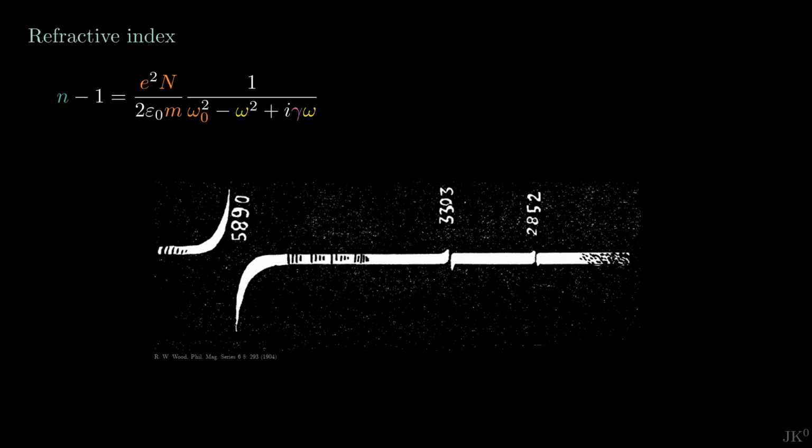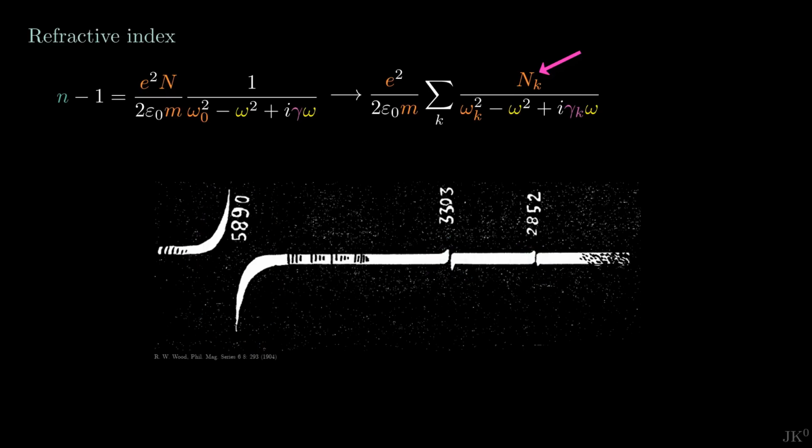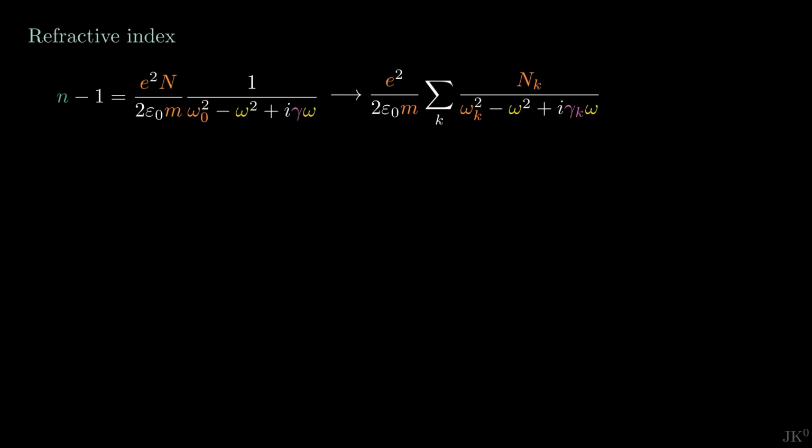Experiments show that a material can have several resonant frequencies omega k, which are associated to different collections of electrons, each with number density n_k and damping constant gamma_k, so that the total refractive index is just the sum of all these groups of electrons that produce each observed resonance. Experiments also show that the damping constant is always very small, so it is common to simply write this reduced form.